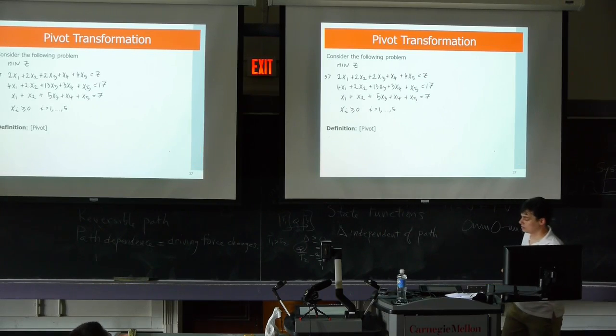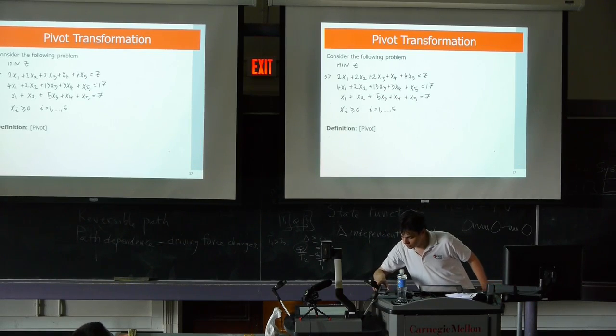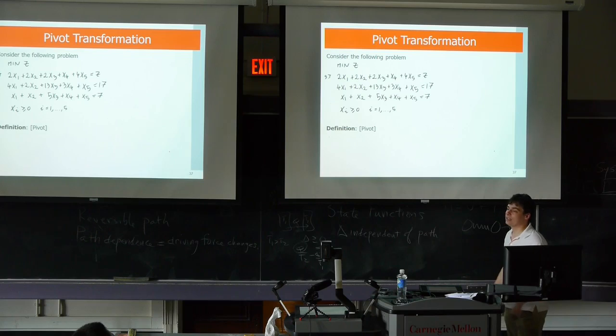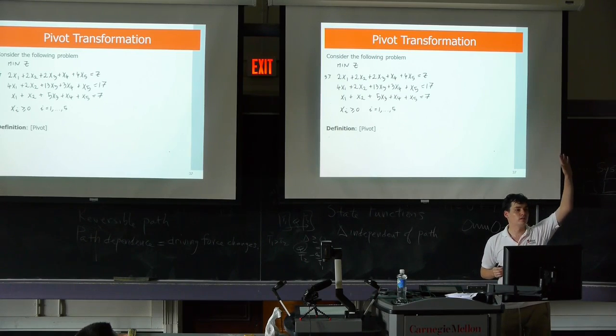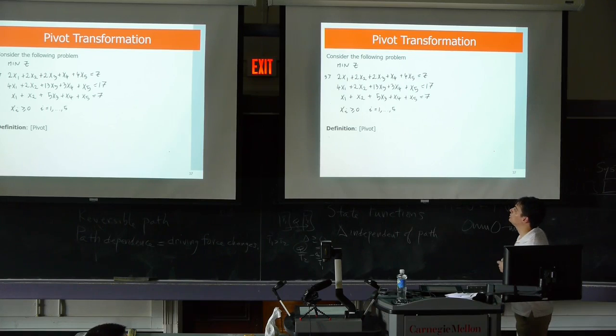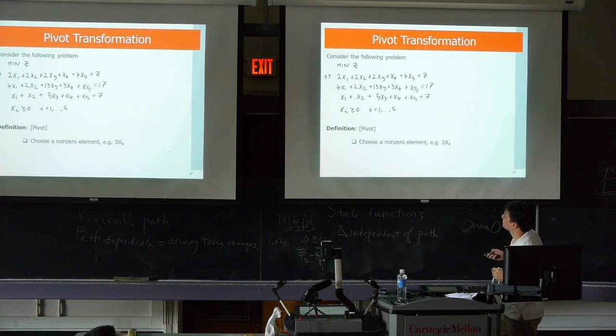And in the last minute, I just want to mention this very important transformation. It's called the pivot transformation. Have you ever heard about this? Who has heard about that? Who hasn't? Very good. So this is the original problem.